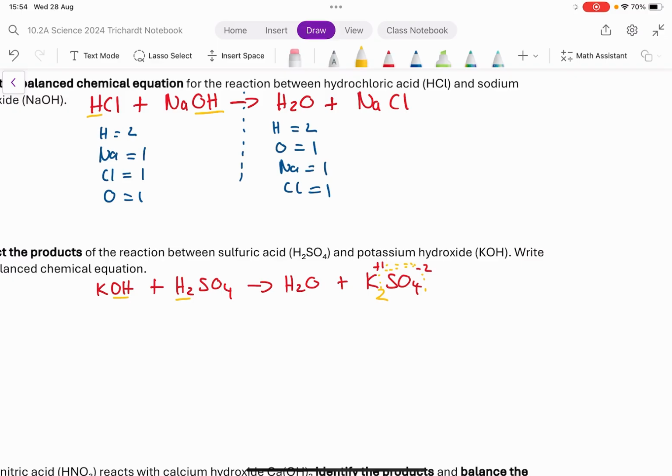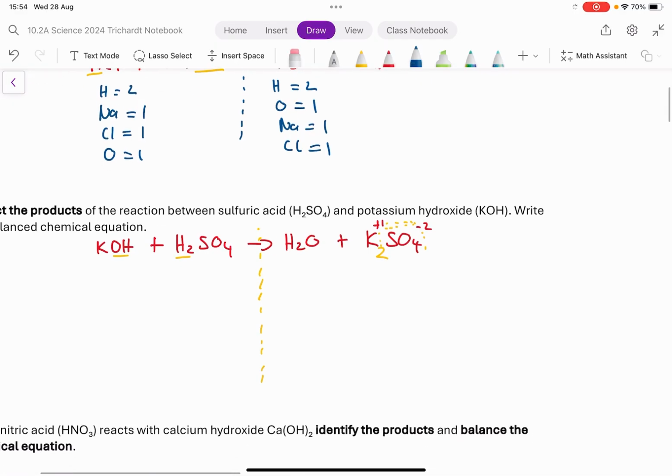Now I need to double check and see that my whole equation is balanced. I like to draw my line across the middle. Start by looking at how many K's do I have? I've got 1. How many oxygens do I have? I've got 1 here and 4 here, so I've got 5 total oxygens. Hydrogens, I've got 1 here and 2 here, so that's 3.